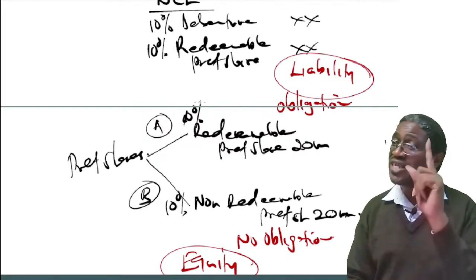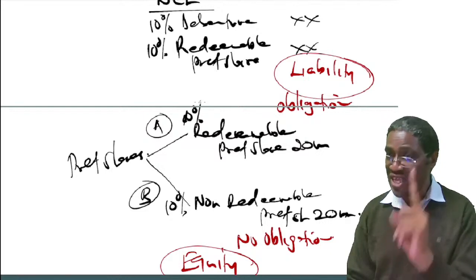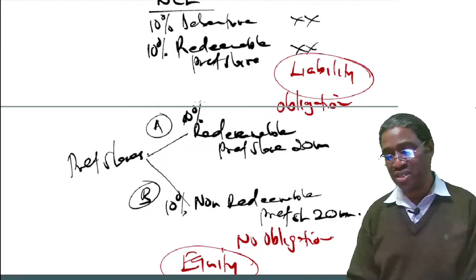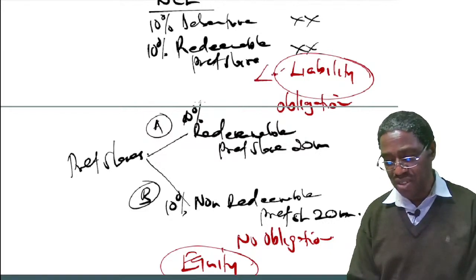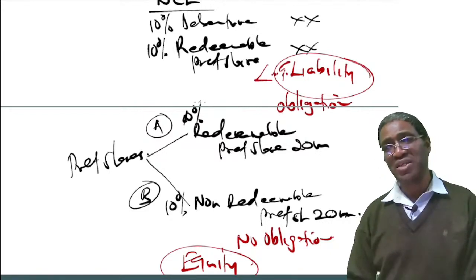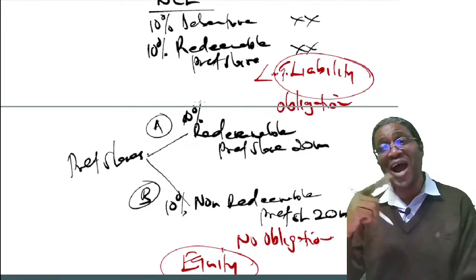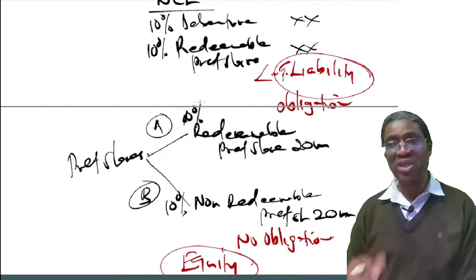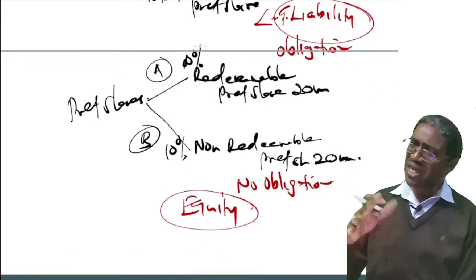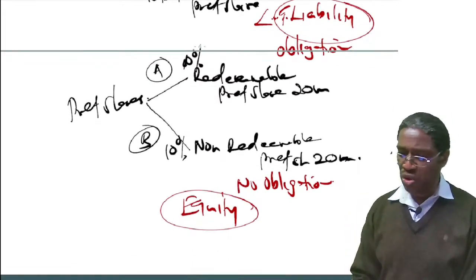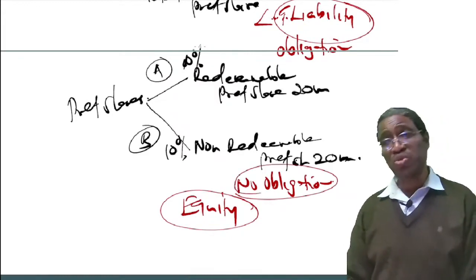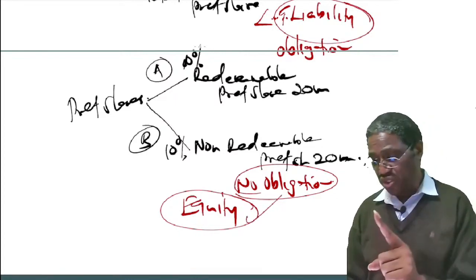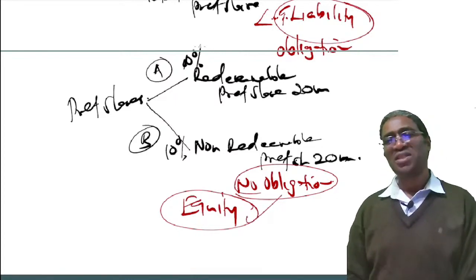No. Take it to the balance sheet as a long-term liability, because you have an obligation to pay back the amount in the future. If it's a non-redeemable preference share, you don't have any obligation to pay back, so take it to the balance sheet as a component of what? Equity. Good.